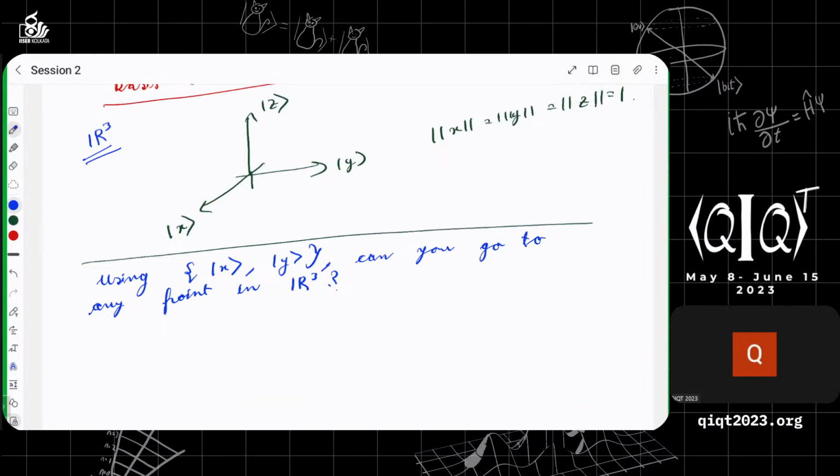Anybody? So when I say using X and Y, I mean, can you take a linear combination of X and Y and find any vector in R3?